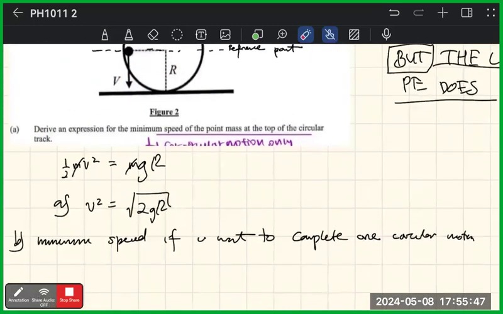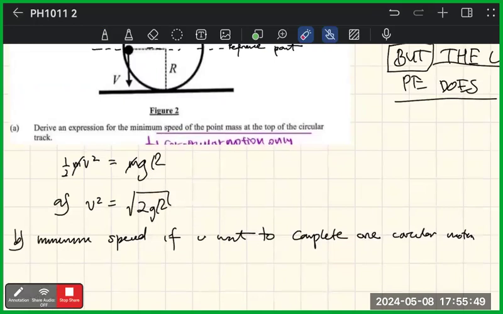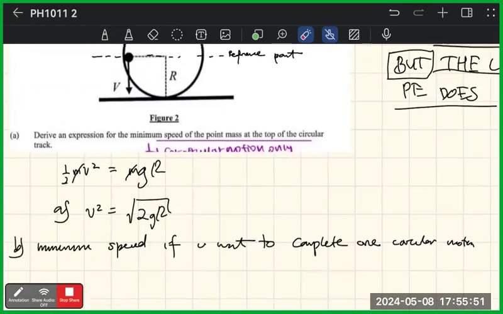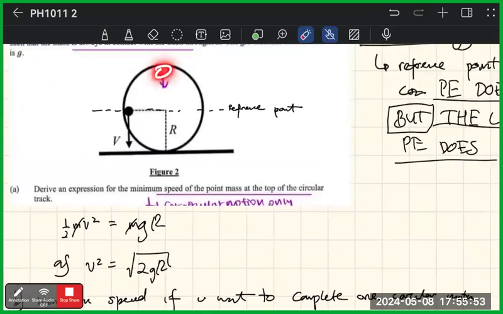But for part B, you have to complete one circular motion. Every part of this motion will have to have a certain value of normal force with the track. Why normal force? Because the normal force is the indication of touching. If your particle and your track have a normal force, then there will be touching.